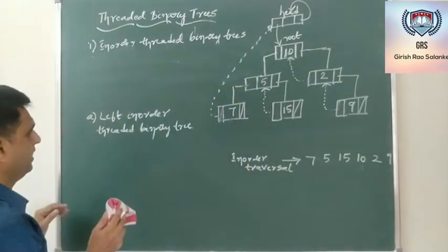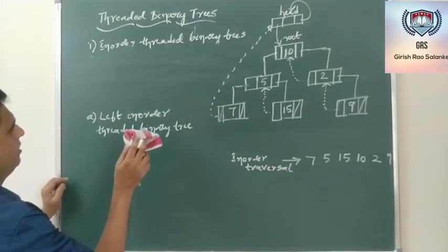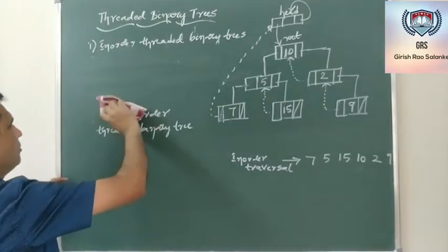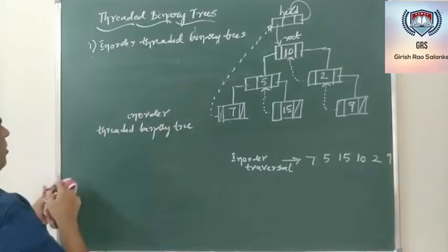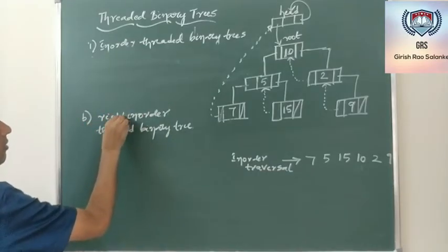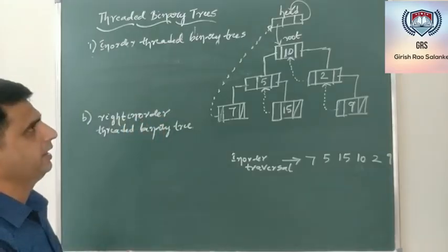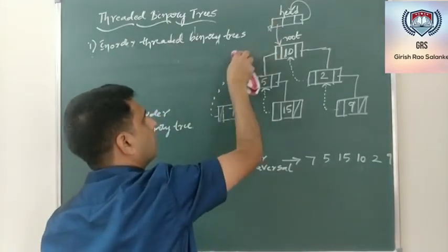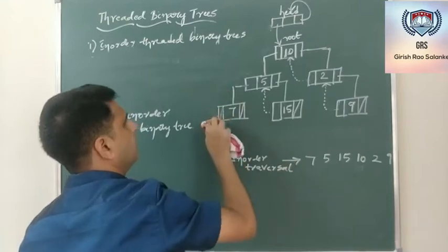Now coming to the second category. Second category is right in-order threaded binary trees.